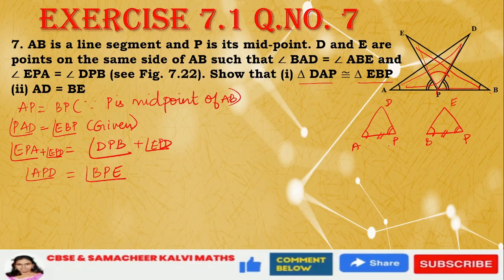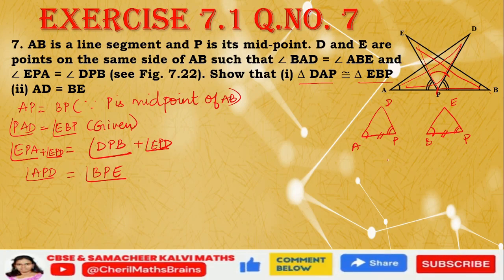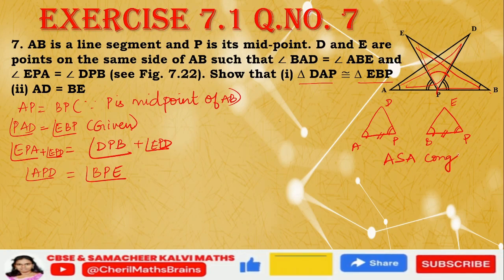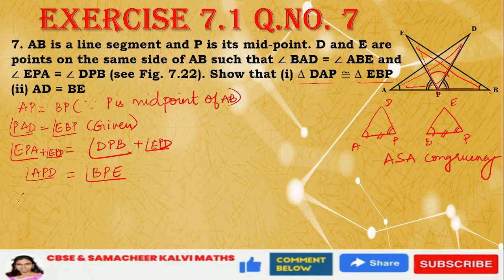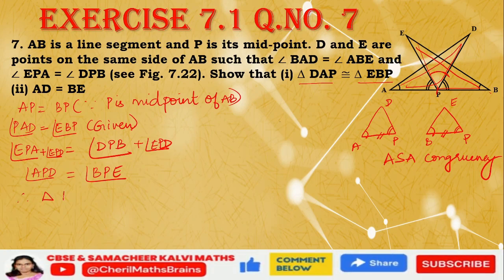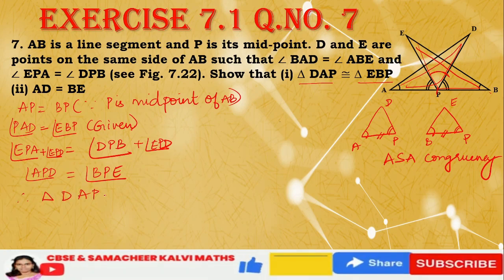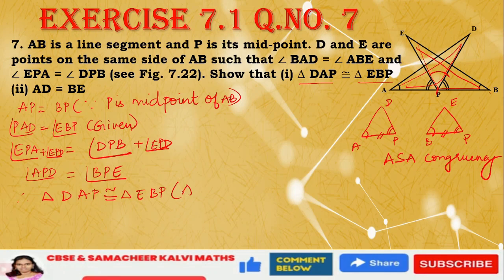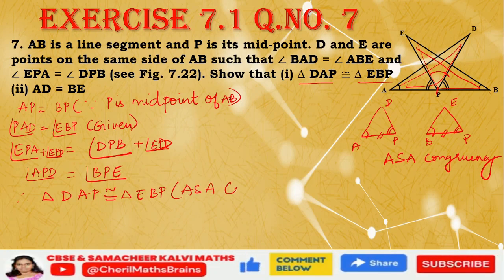Now look at these two, children. You have the ASA congruency. So therefore we can say triangle DAP is congruent to triangle EBP as per the ASA congruency.